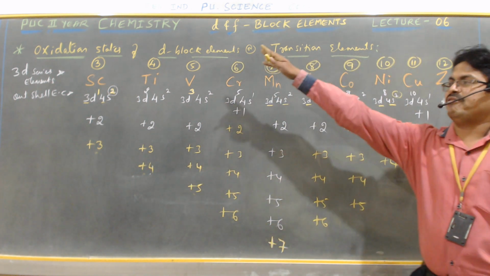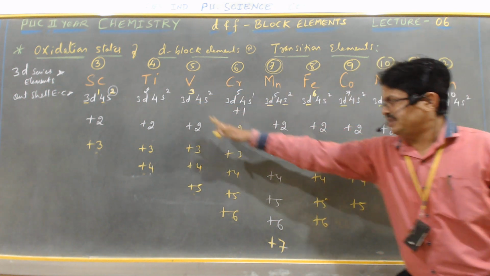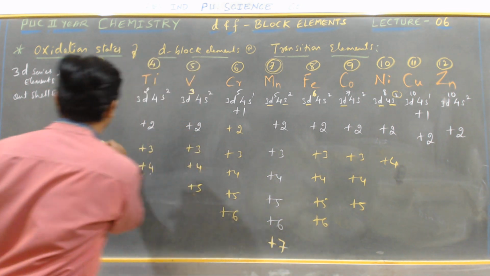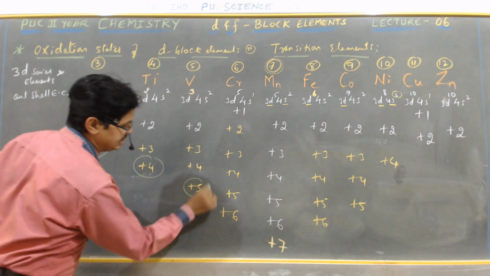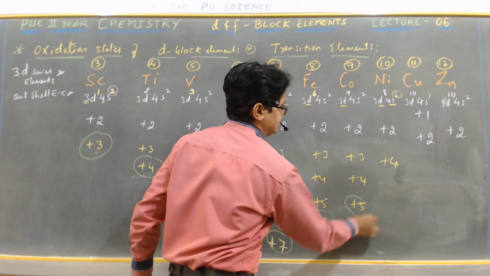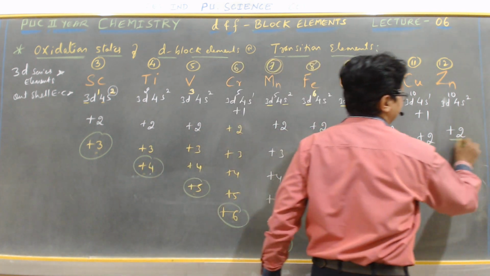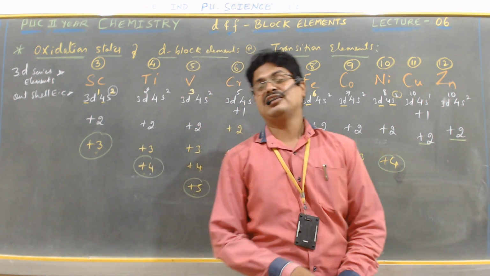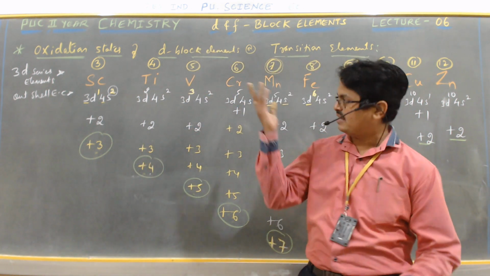From left to right, up to the middle of the series, the higher oxidation state increases. Further on, it decreases. So that is what we can make out from here.